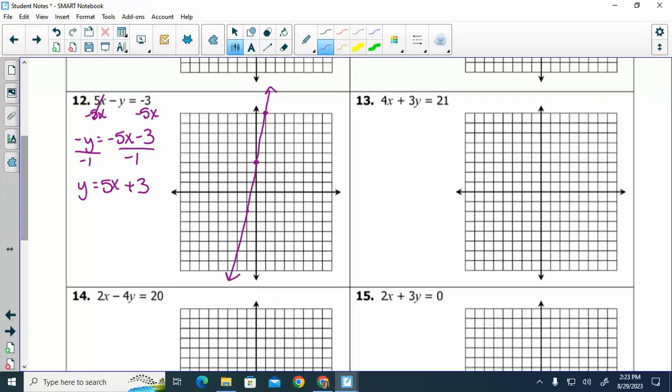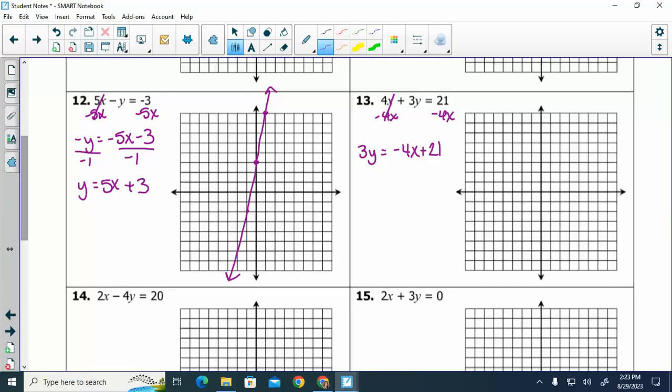Okay, we're going to do one more together, and then I'm going to have you guys try some. So put it in y equals mx plus b form. First step on this one. So we have 3y equals negative 4x plus 21.